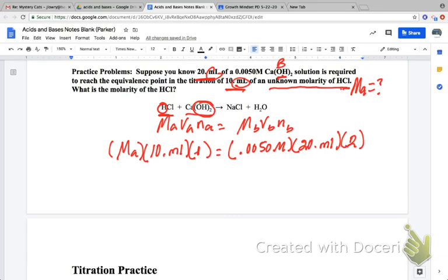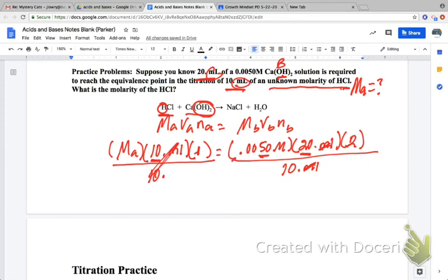1 and 2 are counting numbers, so those do not affect sig figs. Everything else had 2 sig figs. I don't have to worry about those weird rules for pH. So when I get my answer, it should be 2 sig figs. So I'm going to divide this side by 10 and divide this side by 10. So this cancels, and then over here my units cancel, milliliters.